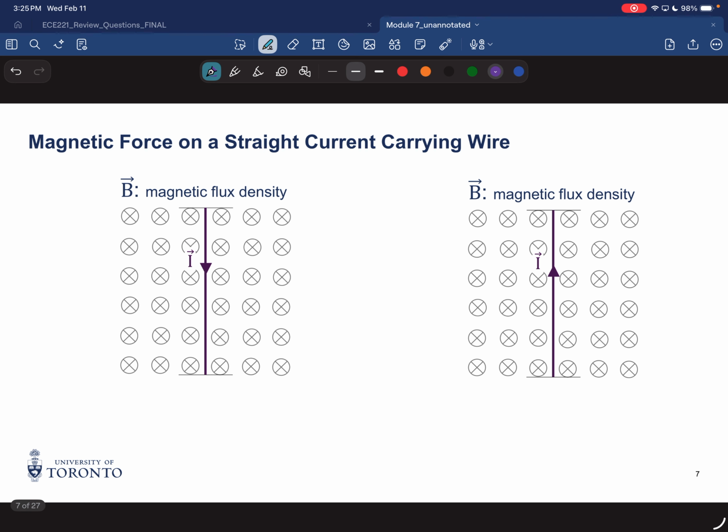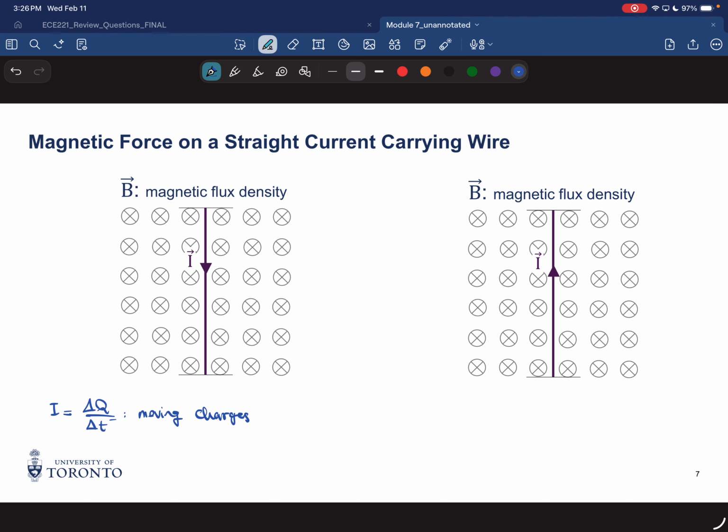Now, we said the magnetic force only exists when we have a moving charge. That's the definition of currents. Currents are charges that are moving, delta Q over delta T. So you can say I is delta Q over delta T. Moving charges.